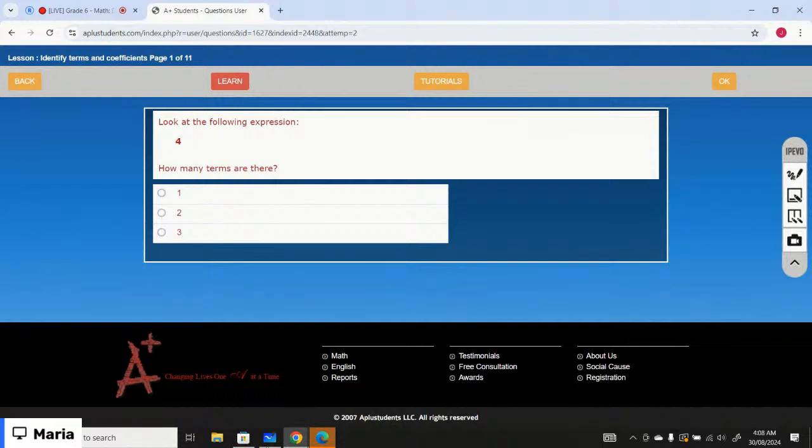Only one. Correct option is two terms, right? 2 and 3d, they are two terms. So the correct option is two.